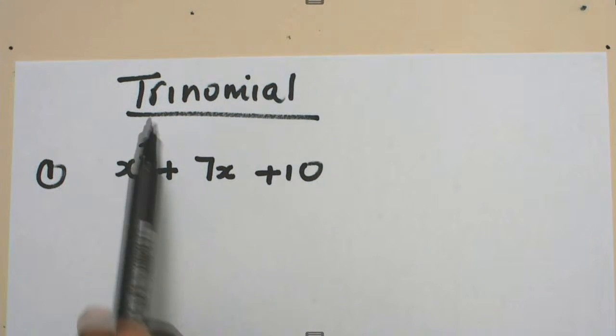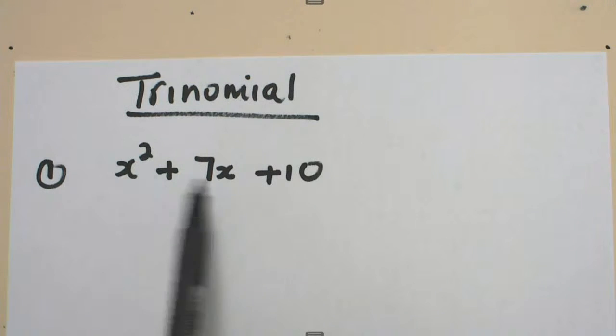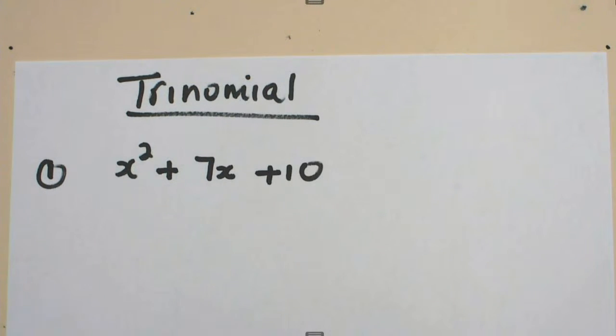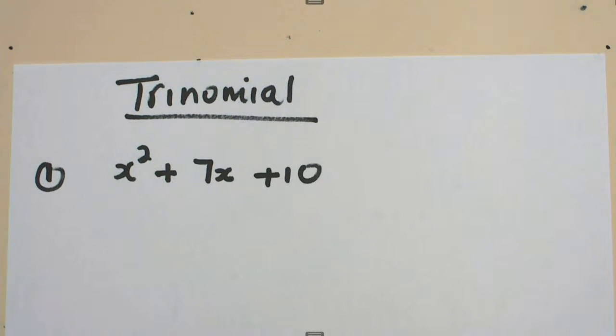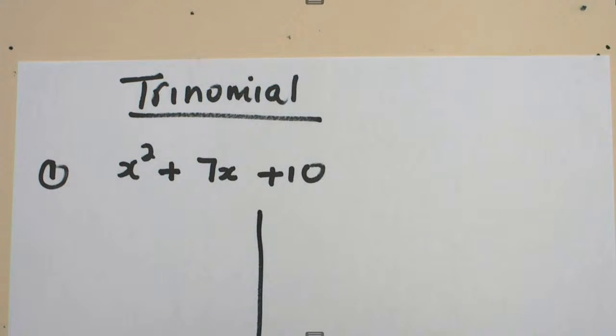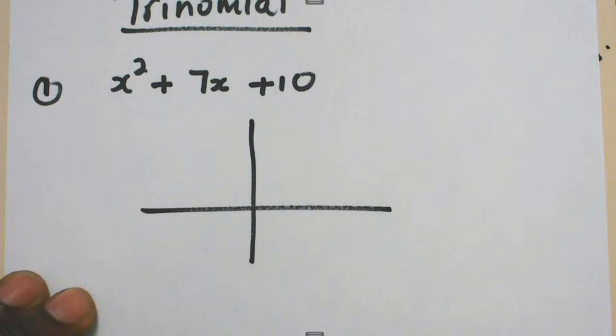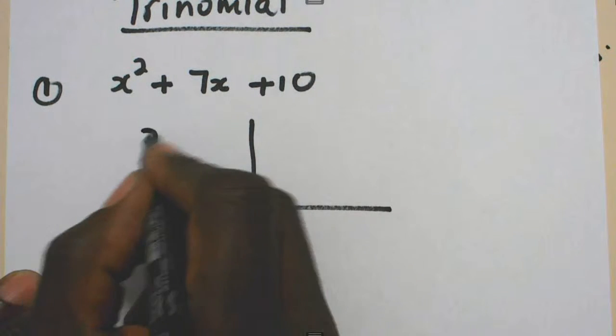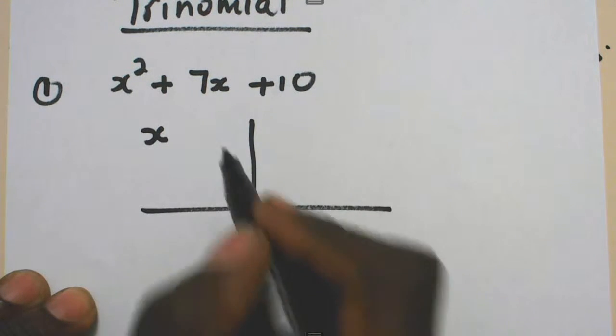Trinomial means 3 terms: 1, 2, 3 terms. If you have to find the factors of these 3 terms, you have to have a table like this. And you have x and 2.